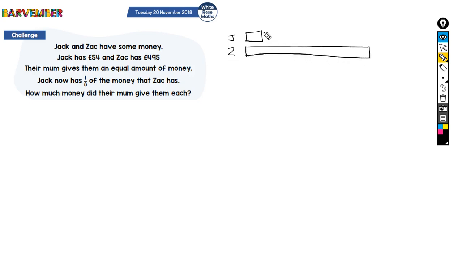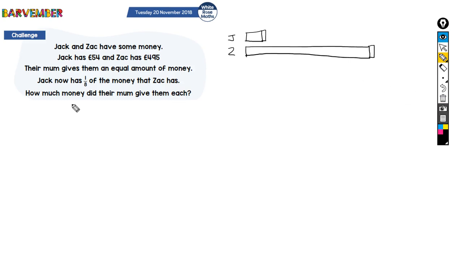Then you might add on this equal amount that they both get, and I'm not quite sure where you'd go from there. Or, that's certainly the boat I found myself in when you first come across problems like this. So whether the children that you teach or your child is ready for a problem like this, you'd probably have to guide them through it the first time, and then they'll see what method to use.